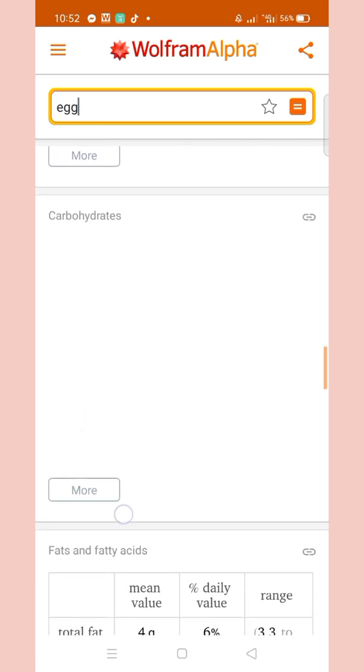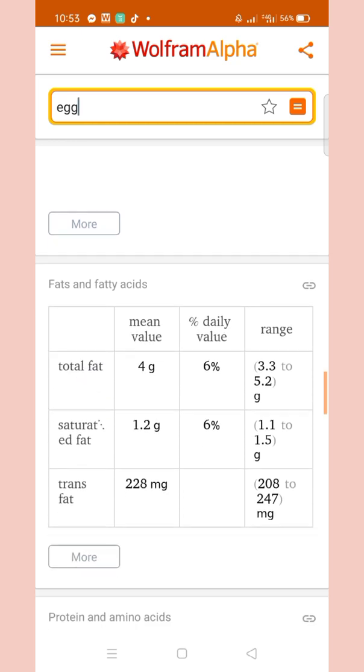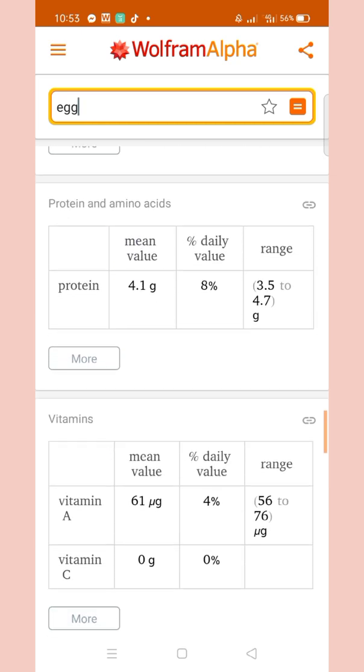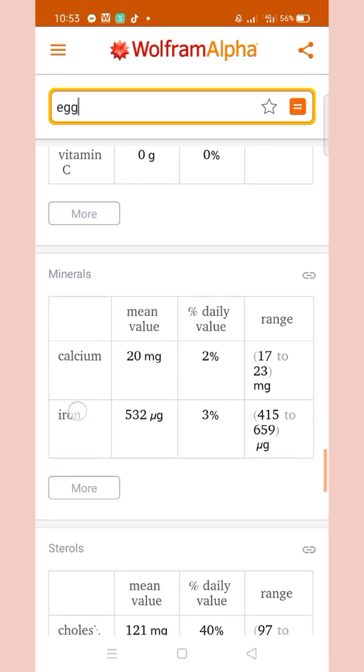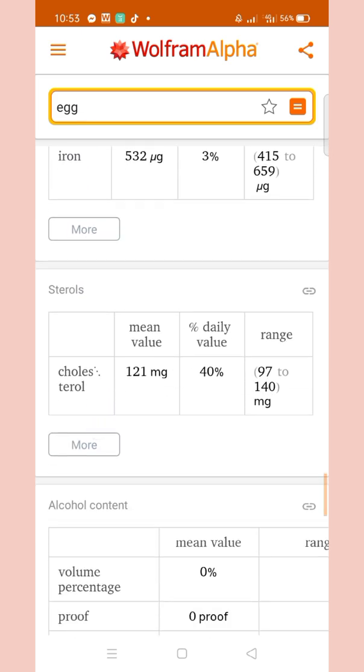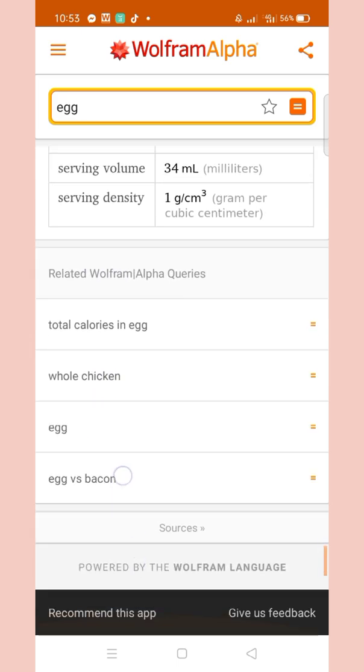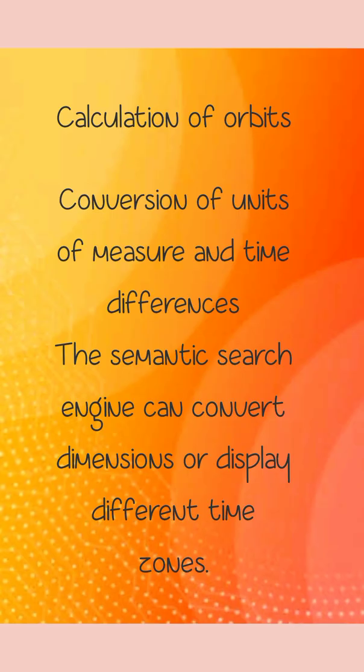Carbohydrates, fats and fatty acids. There's also protein and amino acids and vitamins, minerals, sterols, alcohol content, physical properties, and so on.